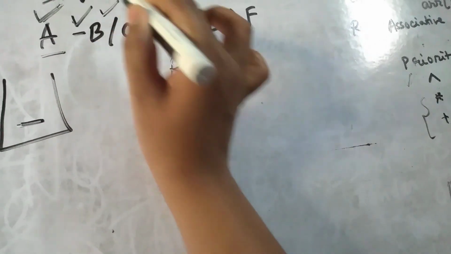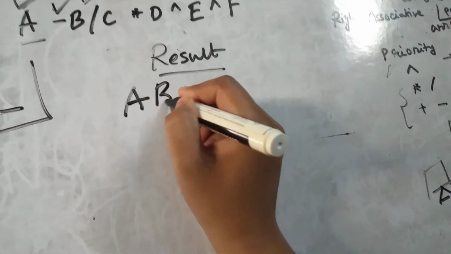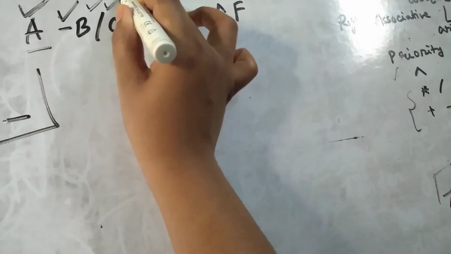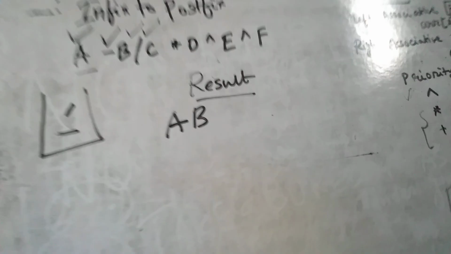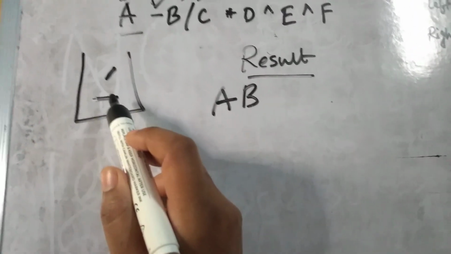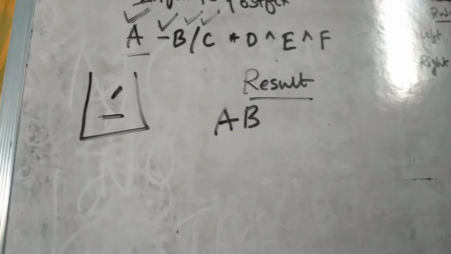Next, B comes into the result after A. Now the division operator comes. Here the stack is not empty, there is something in the stack, so now the whole calculation starts.